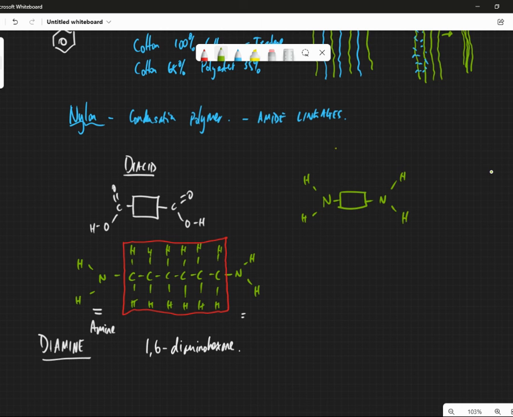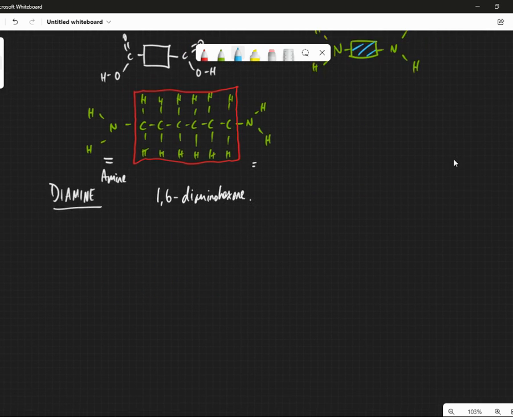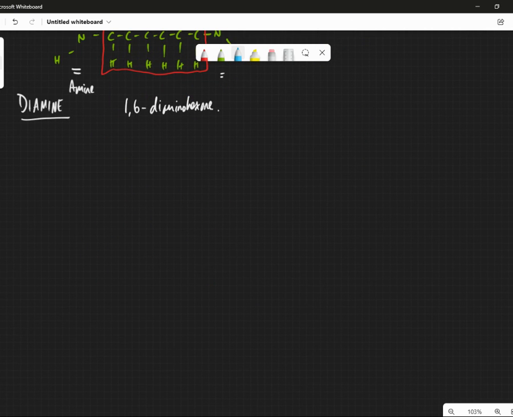So we can represent our diamine like this. There's my diamine, and I've got to shade it. So there you go. We have a diacid and a diamine. Now we're going to do this quick. What did I draw first? Let me do my diacid first.